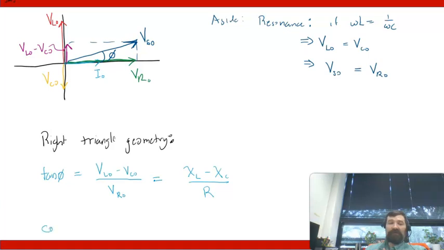Also, perhaps useful would be the cosine of this phase angle. The sine of the phase angle could also be used, but very often it's the cosine that's given.